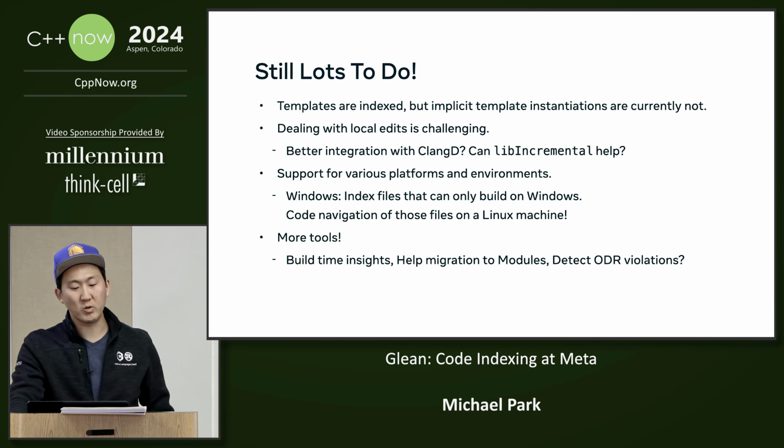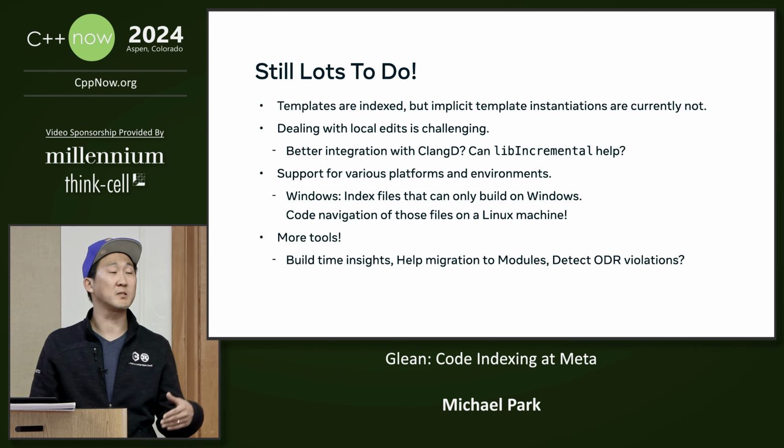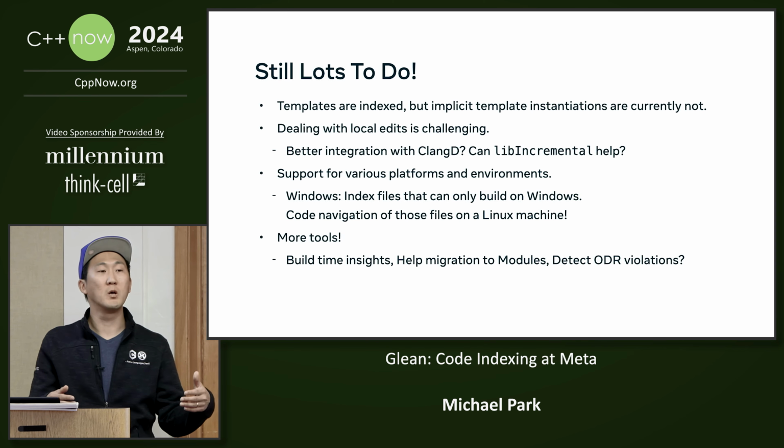And yeah, we can build more tools on top of it, right? We can potentially build build time insights because, as I said, the generation of facts isn't limited to any specific tool.